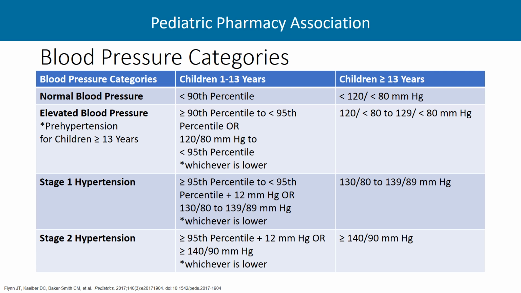Elevated blood pressure is between the 90th and 95th percentile, or 120 over 80 millimeters of mercury to less than 95th percentile, whichever is lower between these two cutoffs. Stage 1 hypertension is between the 95th percentile to less than the 95th percentile plus 12 millimeters of mercury, or similar to the adolescents, whichever is lower. Followed by stage 2 hypertension, which is greater than that cutoff or greater than 140 over 90 millimeters of mercury, whichever is lower.